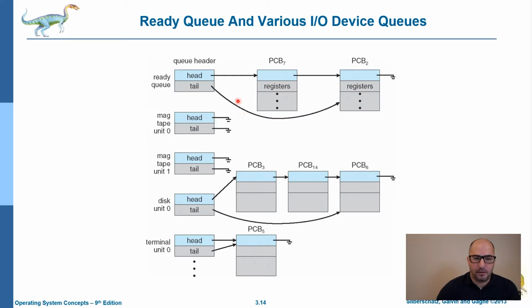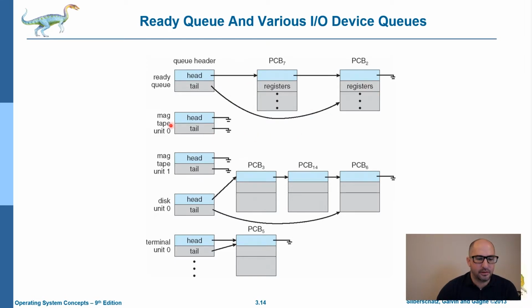So here, to understand our diagram to start, the ready queue has a list of those process control blocks, and by being a member of this queue, that says that this process is in the state ready, that it is ready to execute.